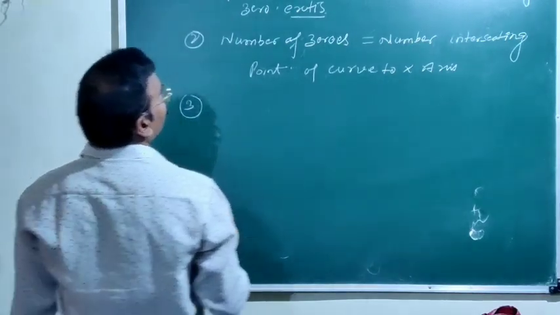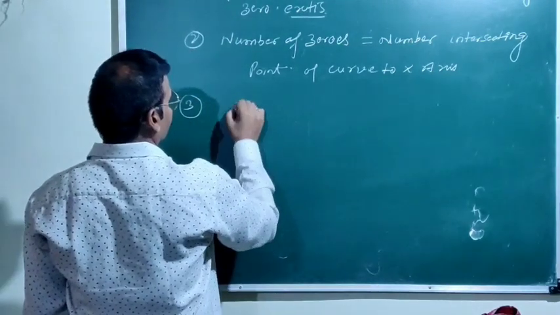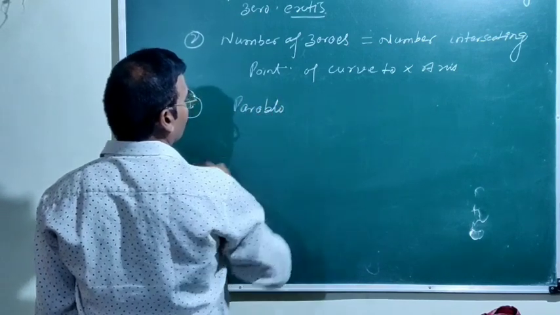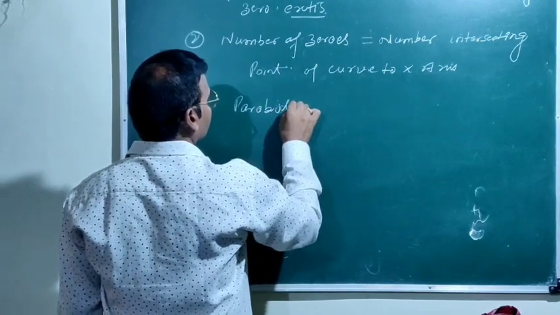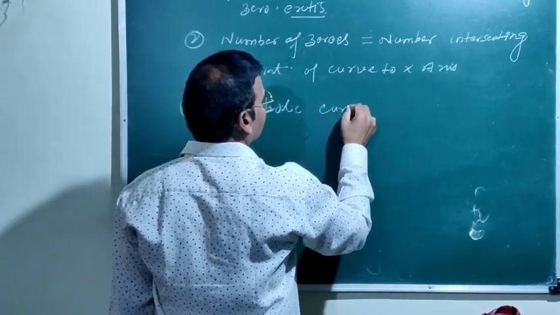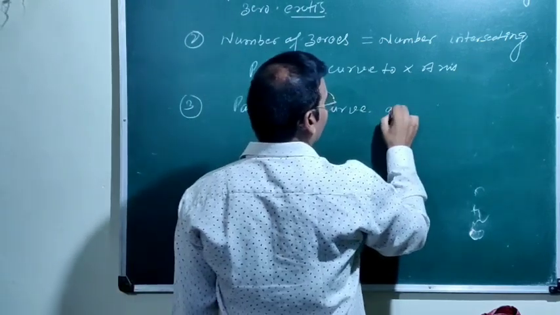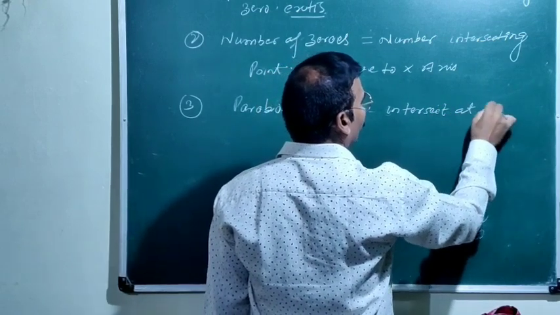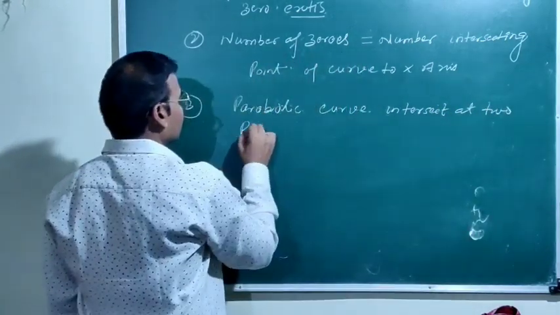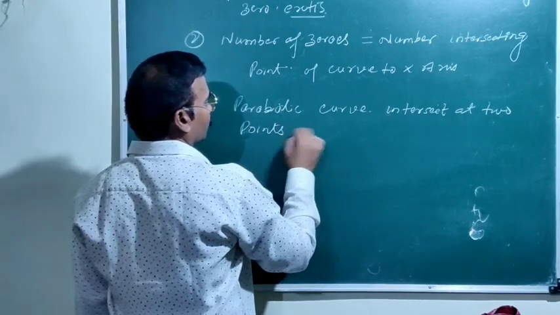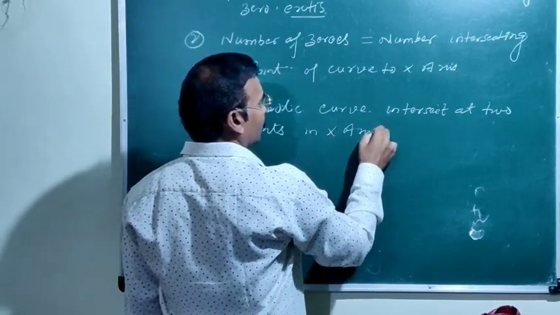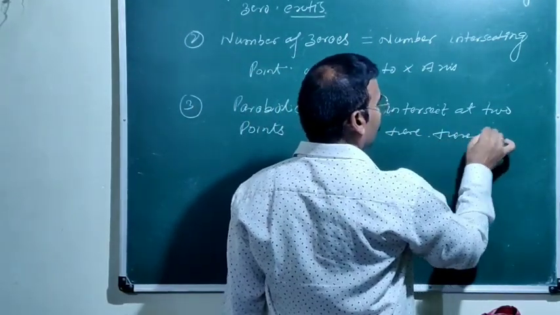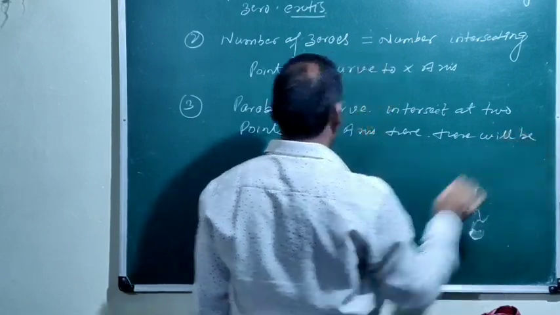Third, if a parabolic curve intersects the x-axis at 2 points, then there will be 2 zeros.